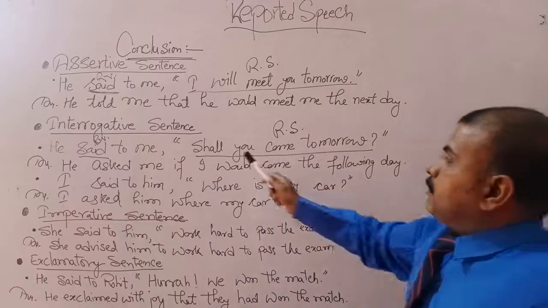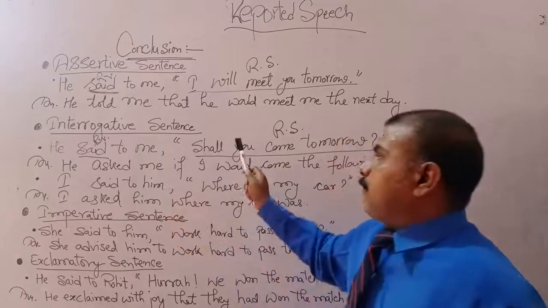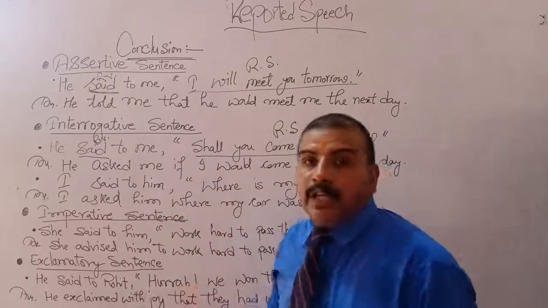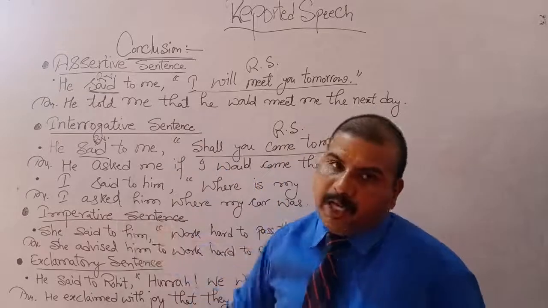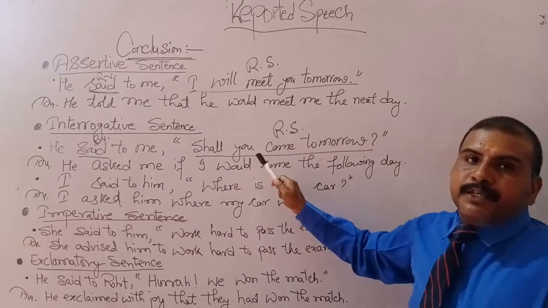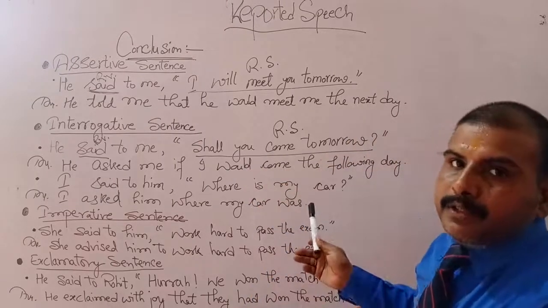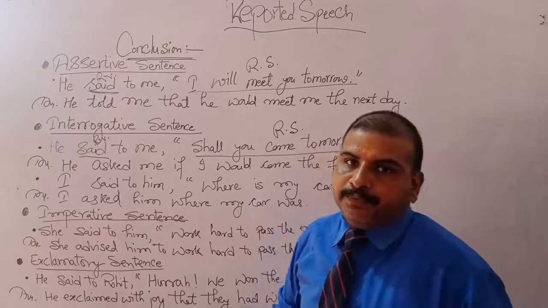Now as this interrogative sentence is built with an auxiliary verb, for an auxiliary verb we use if or whether in place of the conjunction that. And we convert this interrogative sentence to an assertive sentence by using the full stop at the end.